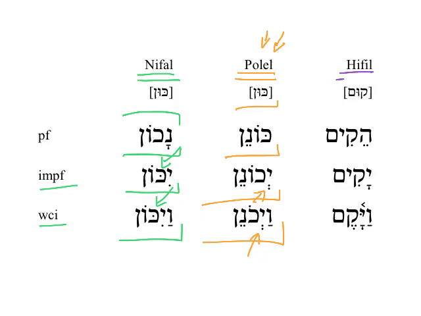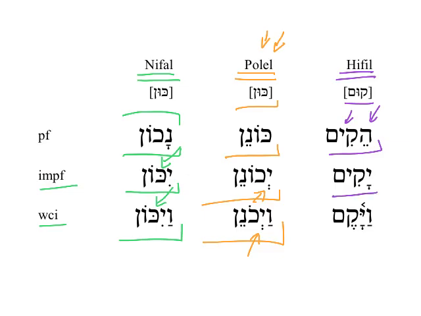And finally, let's think about the hiphil for a minute, and here we'll use the word qum, to stand or rise. And in the perfect, we have the he from the stem, also have the hireq yod, heqim, he caused to arise.